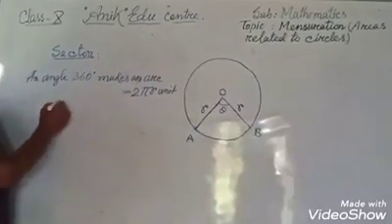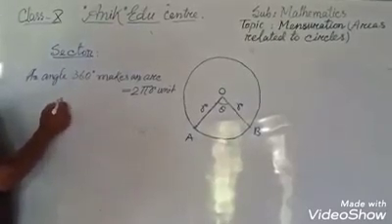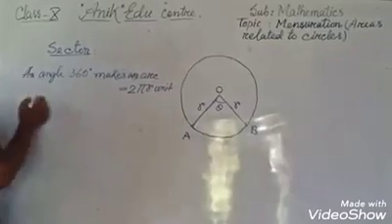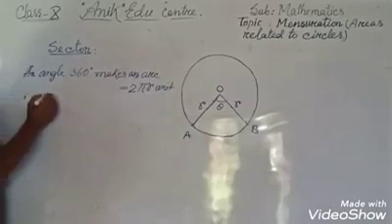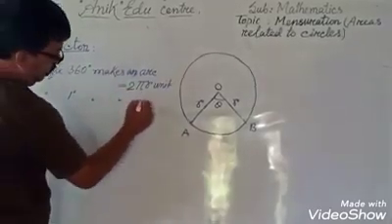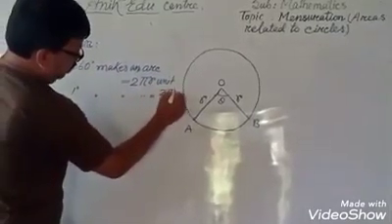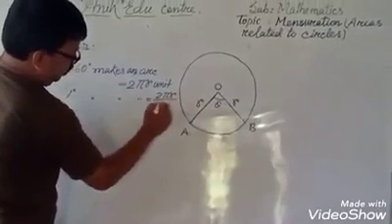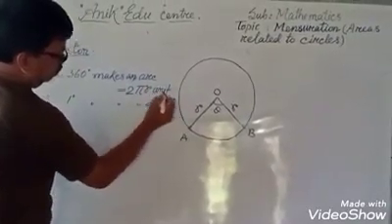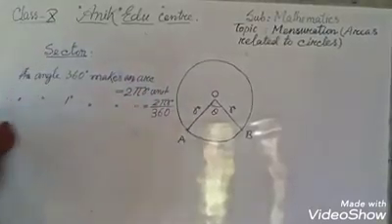Therefore, an angle of 1 degree makes an arc equal to 2 pi r divided by 360 degrees.